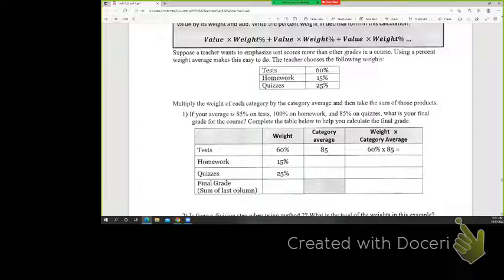So if we want to find the weighting for the categories, say your average on tests is 85, you have 100 on your homework, and 85 on quizzes. Notice when we do the category average, we leave the percents off and just write the score. So you take your 60% for tests: 60% times 85.